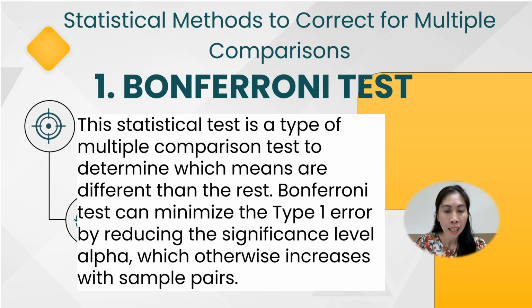The Bonferroni test can minimize the type 1 error by reducing the significance level alpha, which otherwise increases with sample pairs. I repeat, type 1 error, everyone, occurs if one rejects the null hypothesis when it is true.